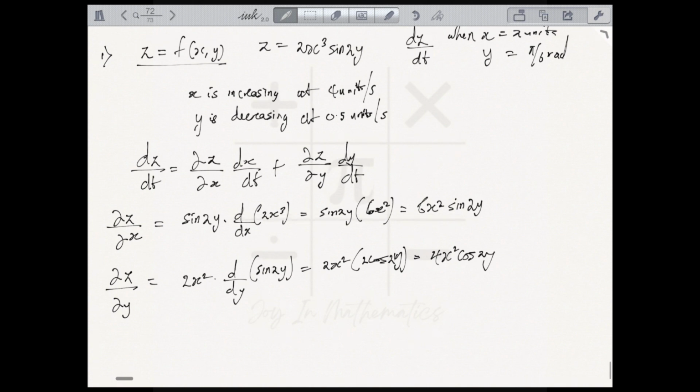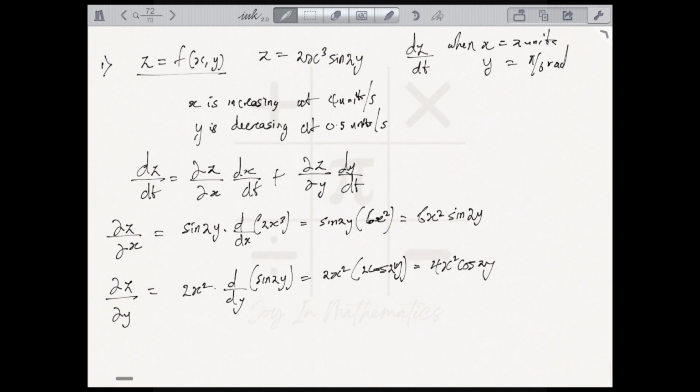Now if we look at the formula, we have been able to evaluate dz/dx and likewise dz/dy. But let us look at dx/dt, and let us also know what is dy/dt. Now if we look at the question, they say x is increasing at 4 units per second.